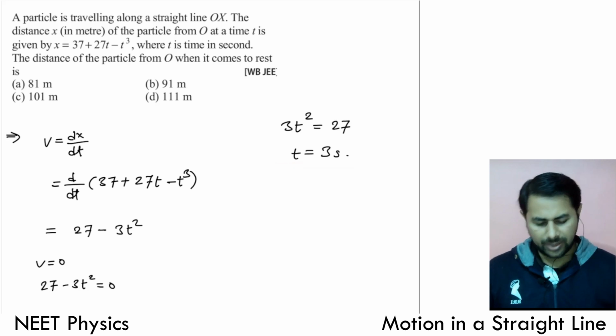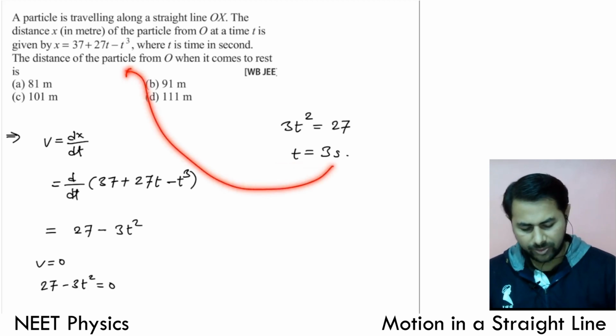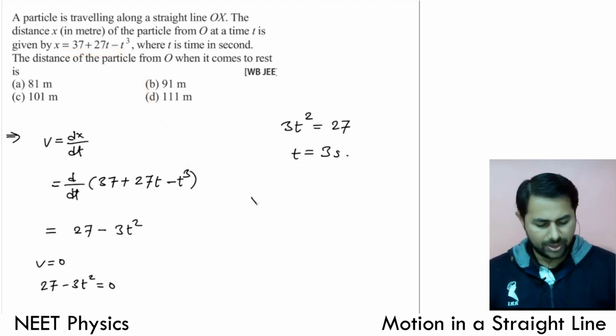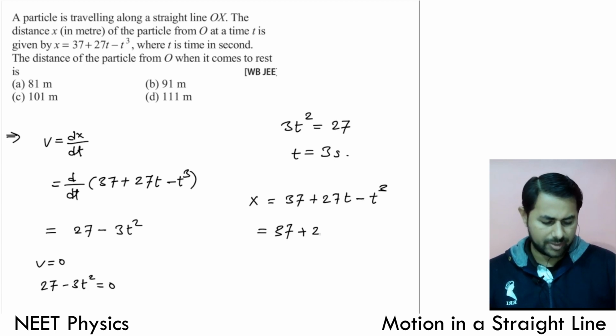T is equal to 3, and you want distance from origin, so just put that over here. So you get x equal to 37 plus 27t minus t cube. So 37 plus 27 times 3 minus 3 cube.